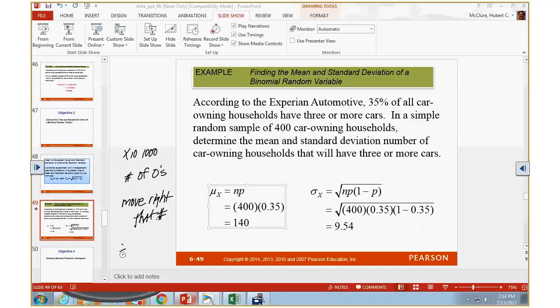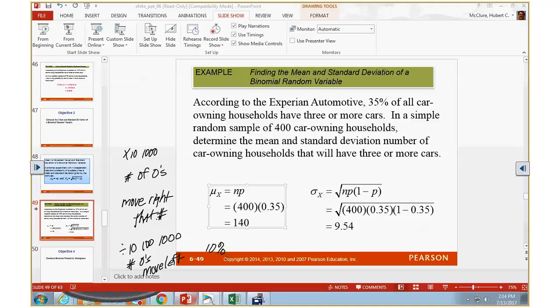Divide by tens, hundreds, thousands: you count the number of zeros and you move to the left. Okay, so what is 10% of 400?